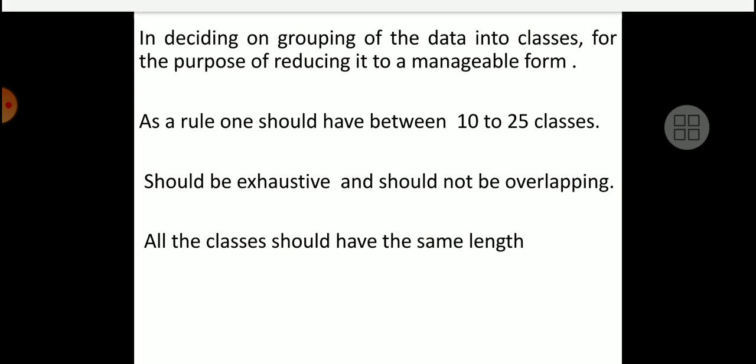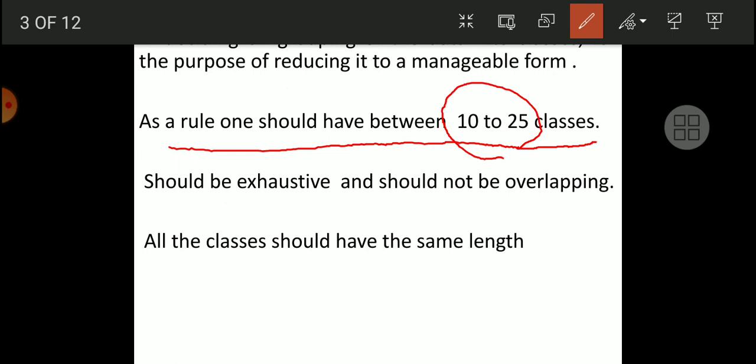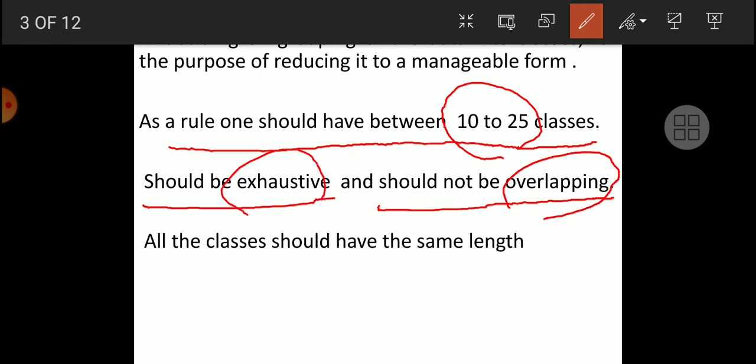Again, as a rule, one should have between 10 to 25 classes. The classes or class intervals should be exhaustive, and they should not be overlapping. All the classes should have the same length.